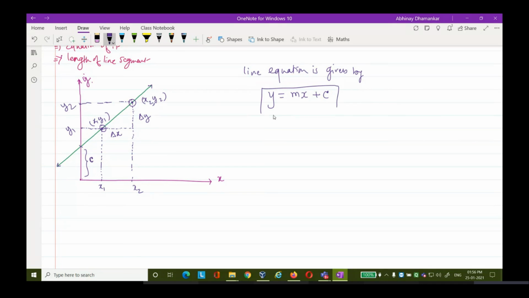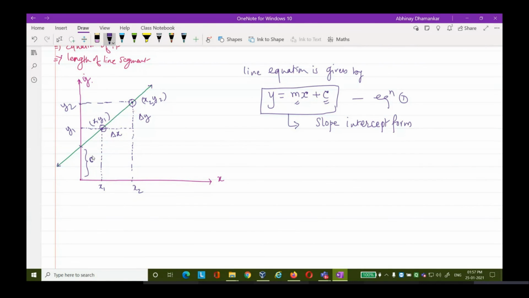This is the equation of the line, equation number 1. There is a slope, and we call this form the slope intercept form, in which m is the slope and c is the y intercept.